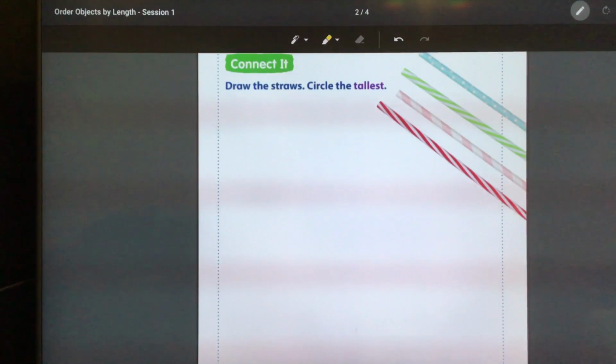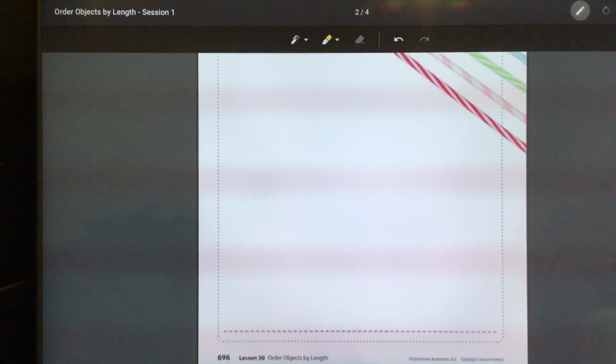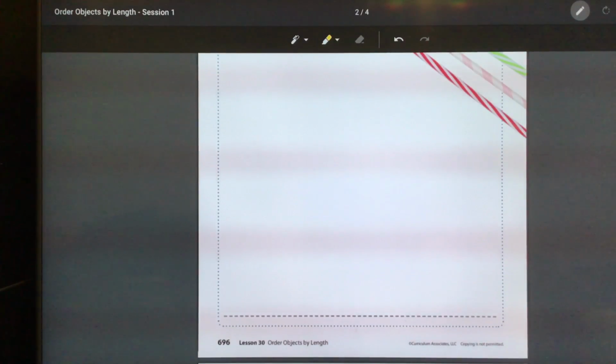Okay, so we can't really see what those 4 straws look like. But it says to draw the straws, and then it says to circle the tallest. Okay, so if you look down at the bottom of your page, you can see this dotted line right here. That dotted line is where they want you to start to draw your straws.